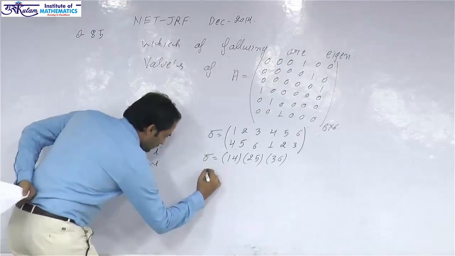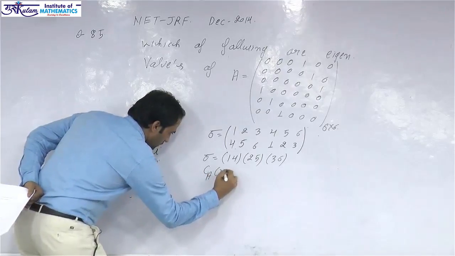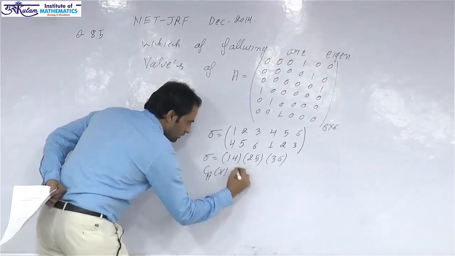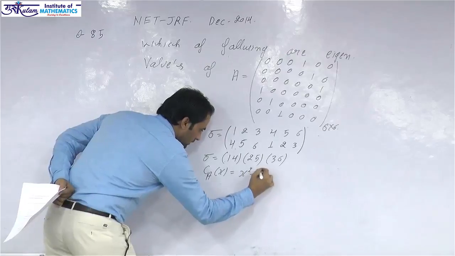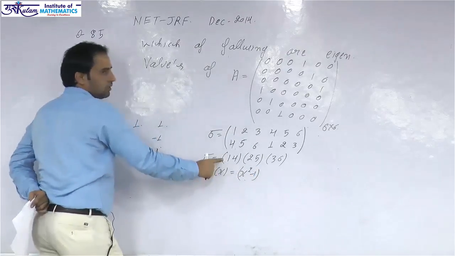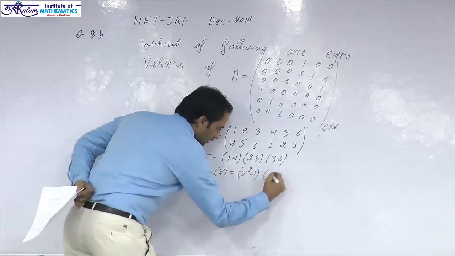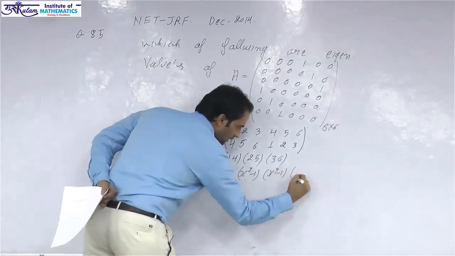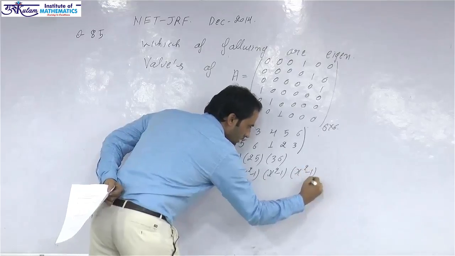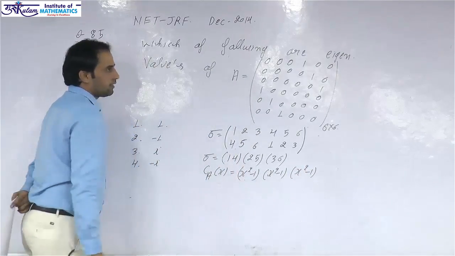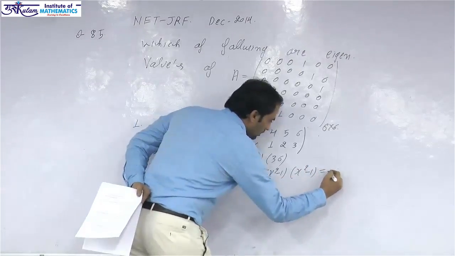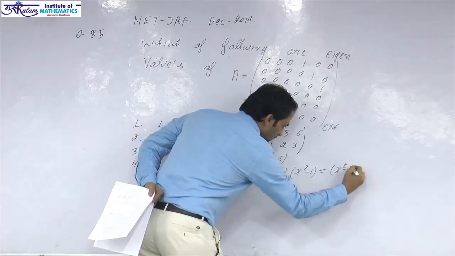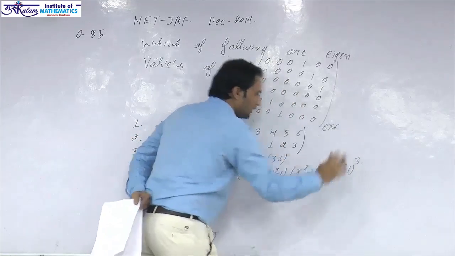So you can directly write the characteristic polynomial of this matrix A, which is x square minus 1, since the length of this cycle is 2. Again x square minus 1, again x square minus 1. So the characteristic polynomial of this permutation matrix is (x square minus 1) to the power 3.